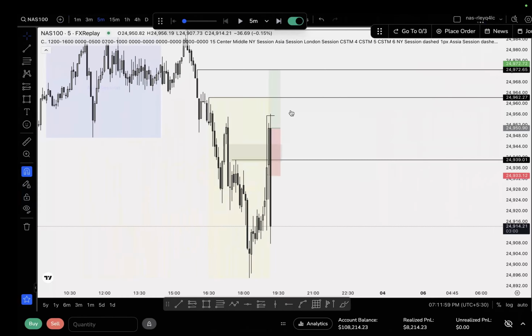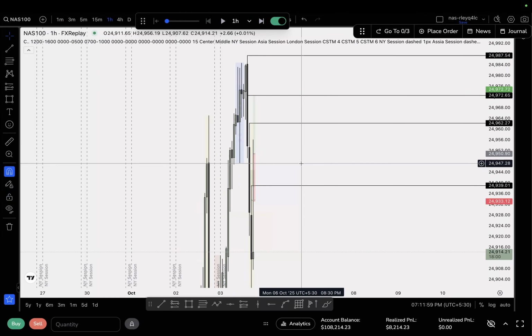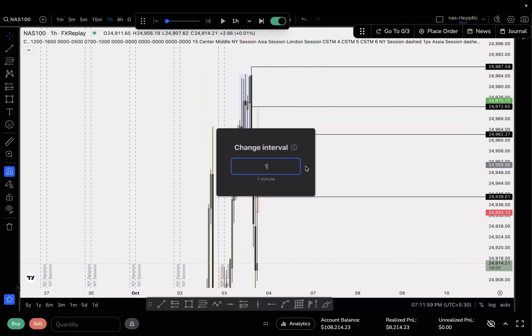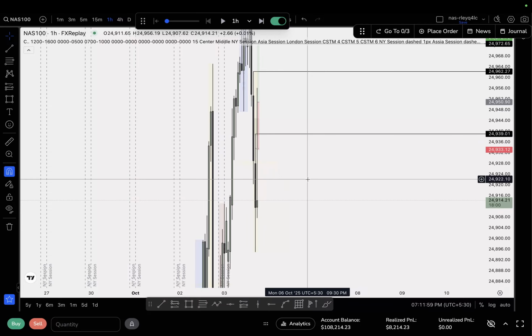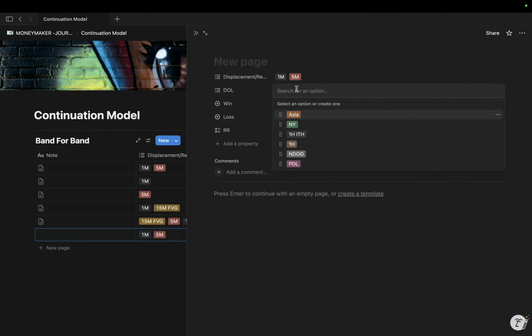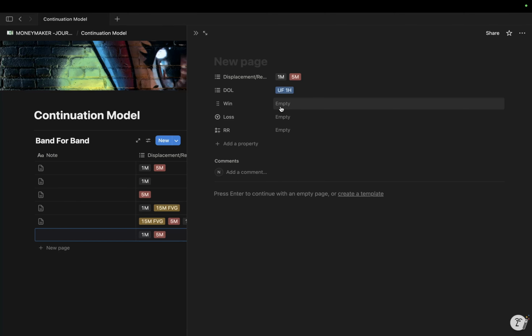Drawn liquidity was hourly unfilled gap, and we reacted to this hourly unfilled gap. It should have been a break even. Should I give it a break even? Give it break even.